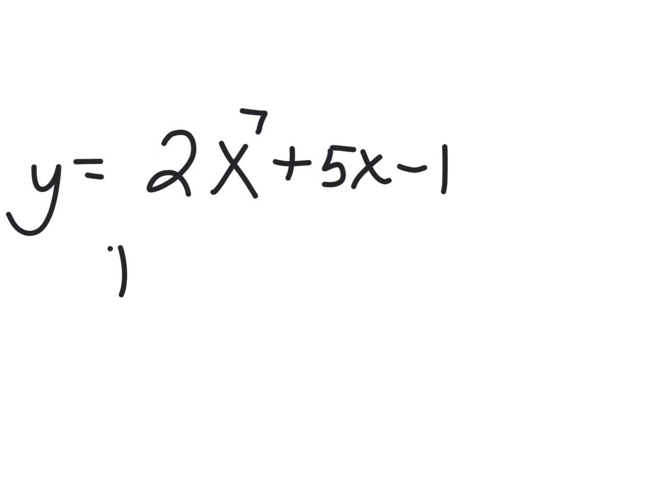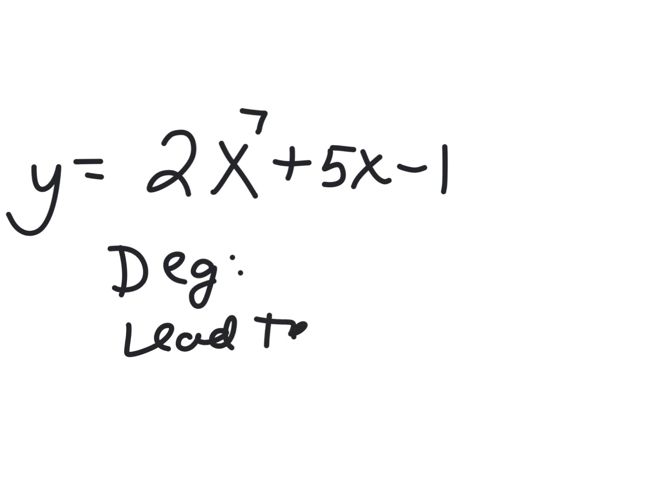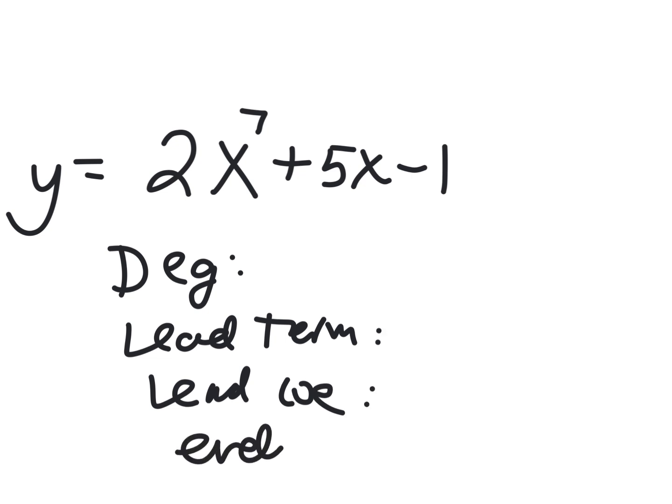And tell me the 4 answers: degree, lead term, lead coefficient, and ends. Start with the right end, in my opinion. Answer those 4, because you really got to get this before I can move to today.